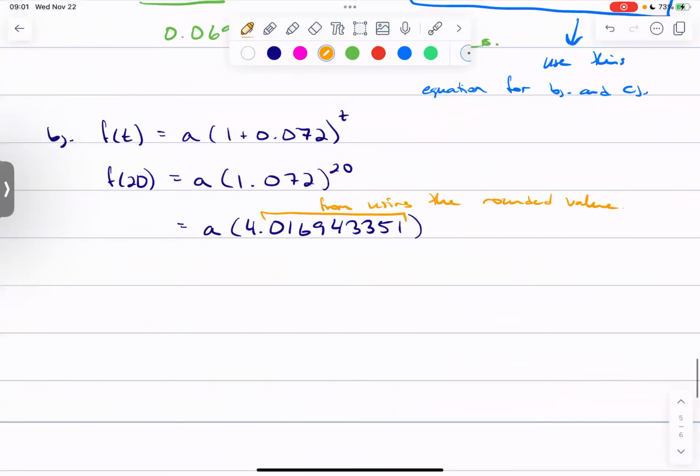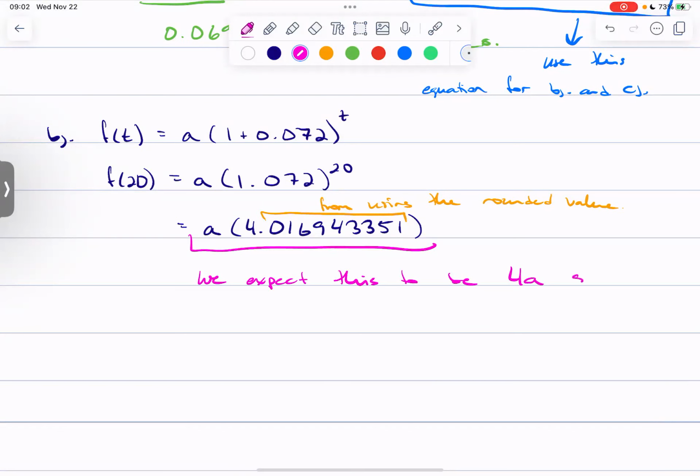We expect this to be 4 times a, since we doubled twice, since in 20 days, we will have doubled twice.